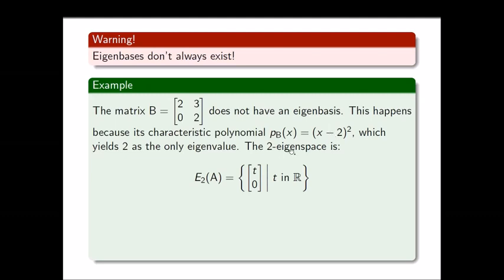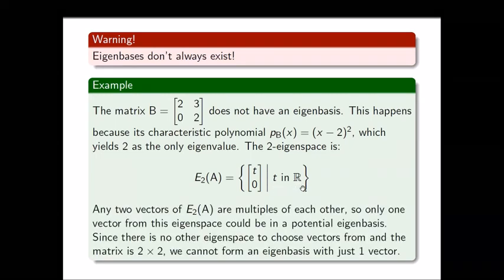The problem is that when you compute the 2-eigenspace, we get that it's the collection of all vectors of the form (t, 0), where t is in R. So the problem now is that this collection is one-dimensional in nature because any two vectors of E_2(B) are multiples of each other.